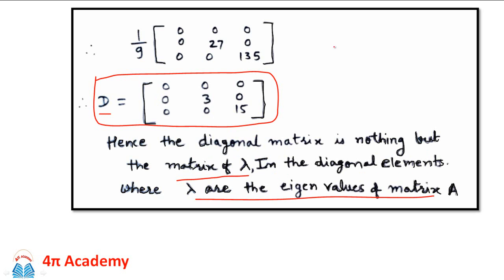We have calculated the eigenvalues of the matrix as lambda equal to 0, 3, and 15. So when you diagonalize the matrix, the diagonal matrix has the eigenvalues on the principal diagonal, and the rest of the elements are 0. So this is the diagonal matrix.